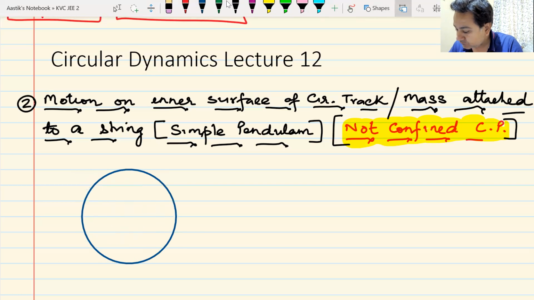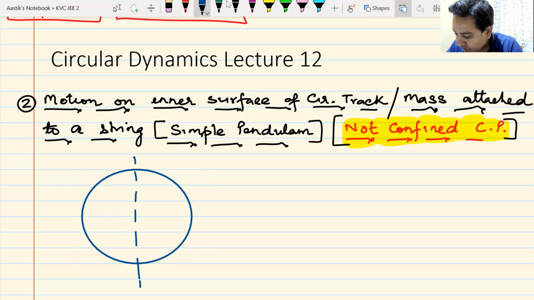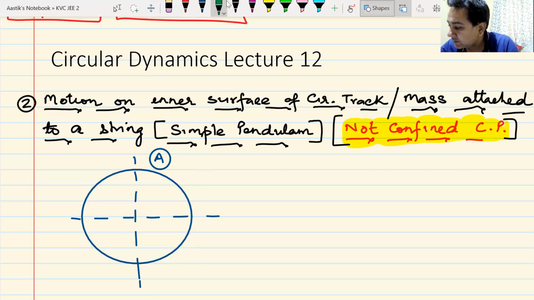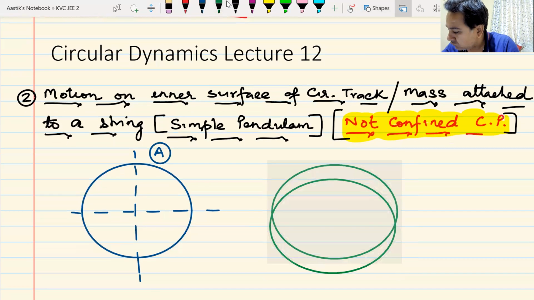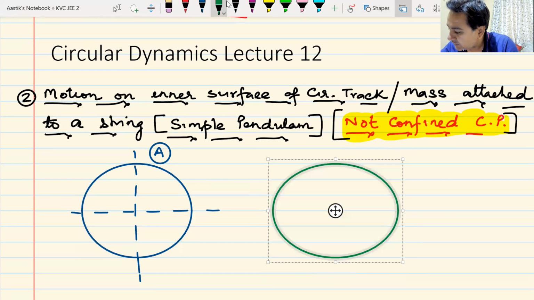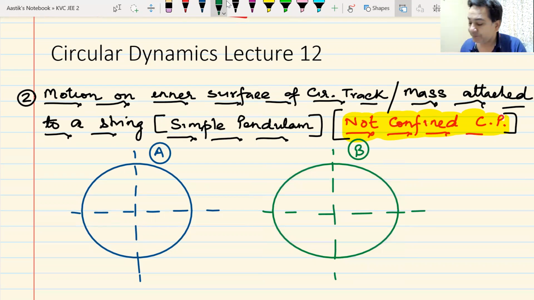Okay. So this, let me call this case A, and this, let me call this case B. The blue one and the green one, just to differentiate between the two.